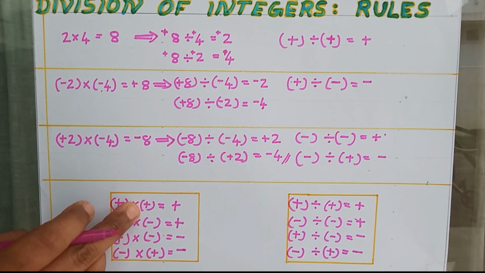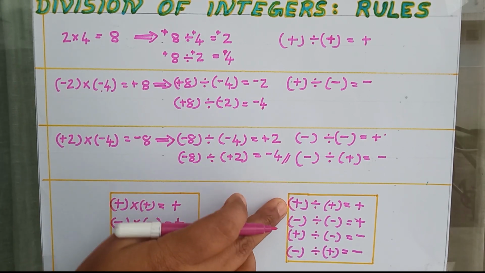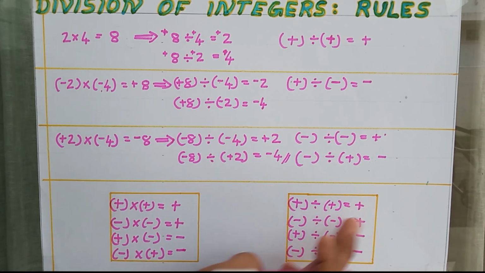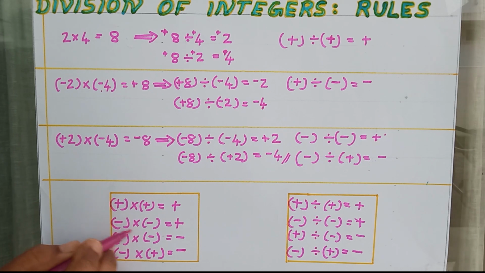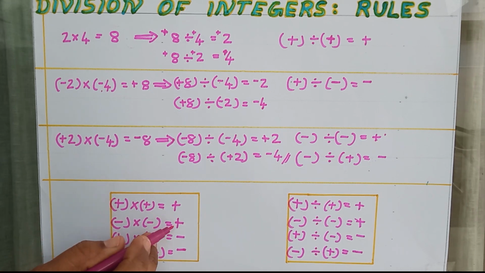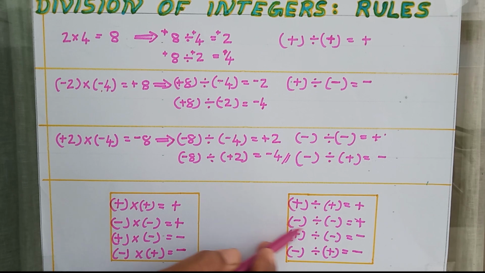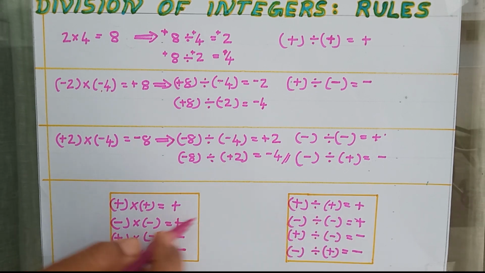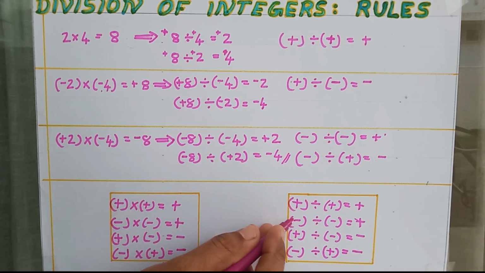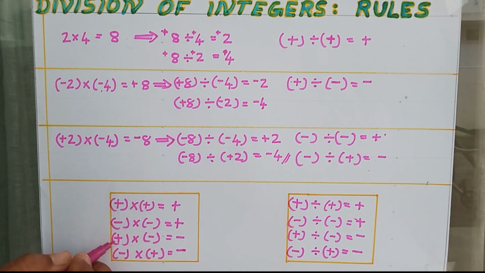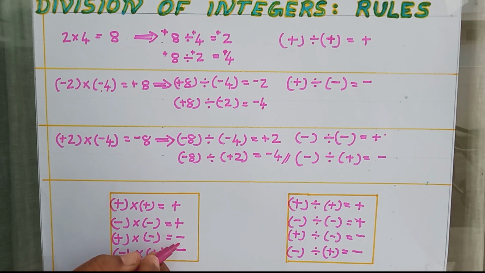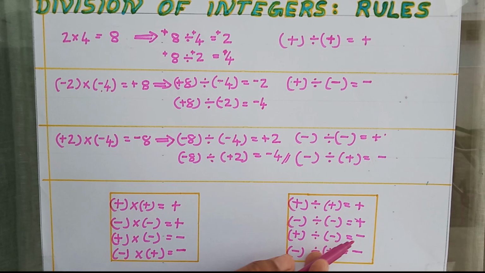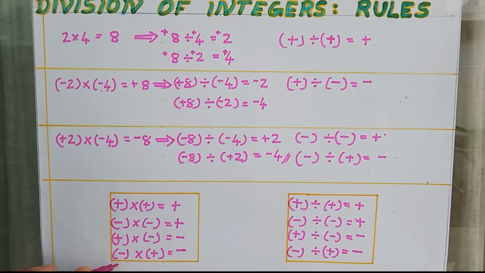Positive into positive equal to positive. Here positive divided by positive equal to positive. Negative into negative will be positive. Here negative divided by negative, answer is positive. See, comparing these two, positive into negative equal to negative. Here positive divided by negative, again negative.